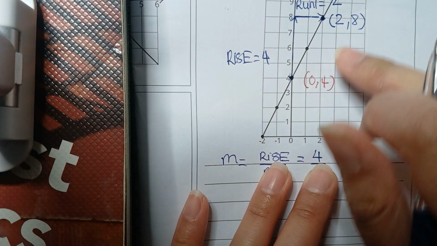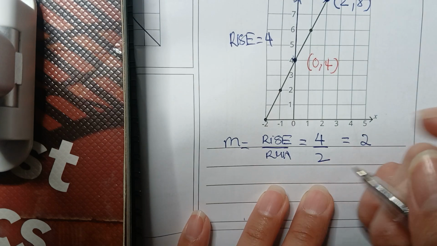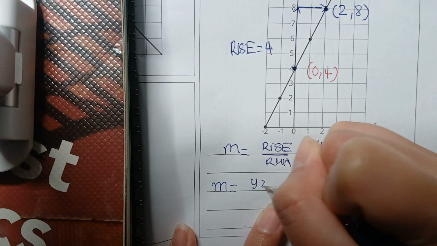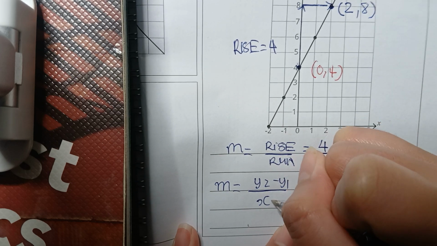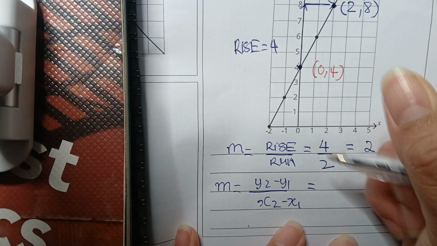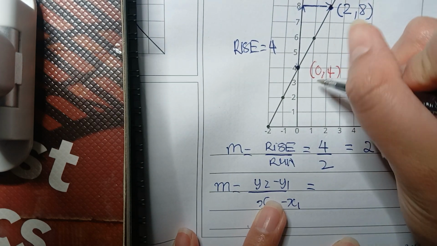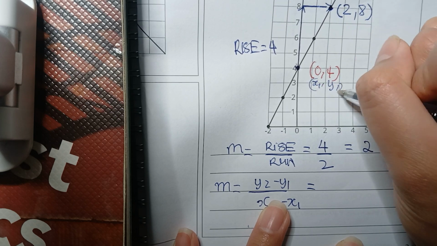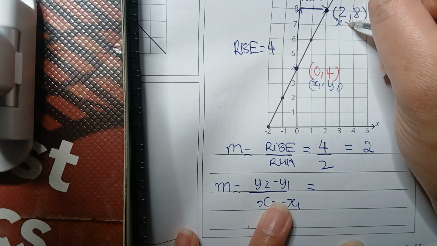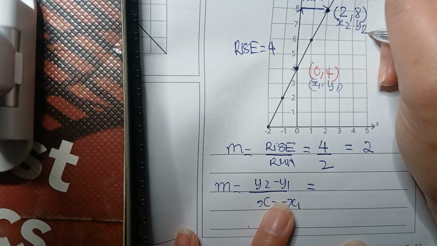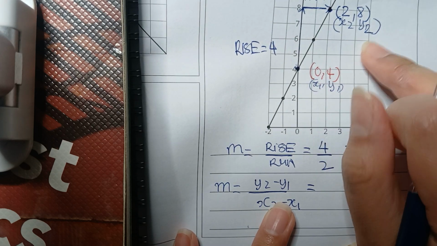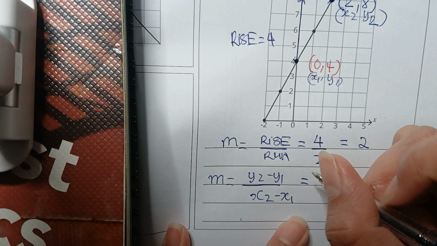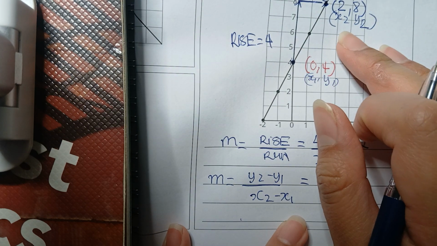Now if I have two points given, how do I look for the gradient? m will be equal to y2 minus y1 over x2 minus x1. You can call any point x1, y1. It doesn't matter which one you call x2, y2 or x1, y1, as long as they are the same set.